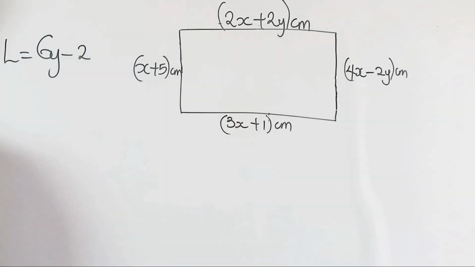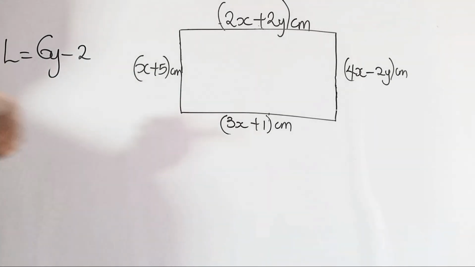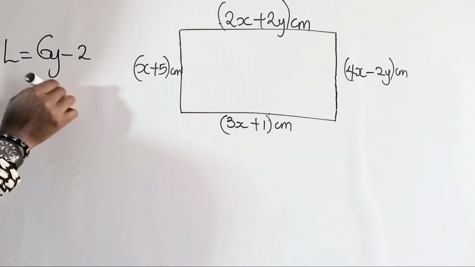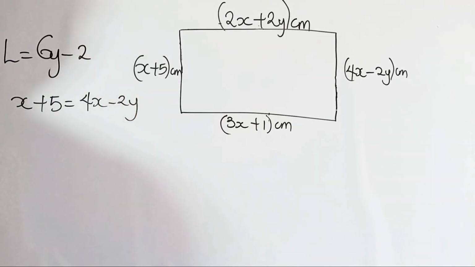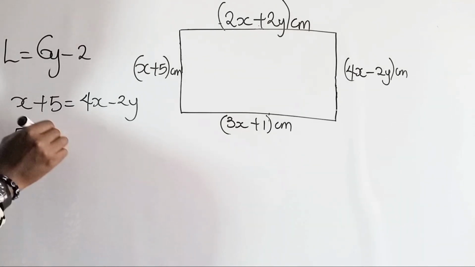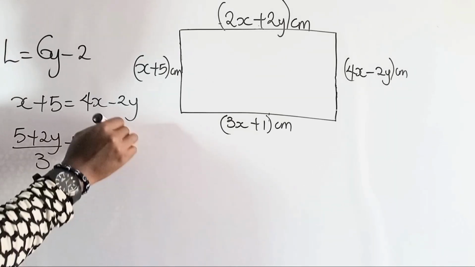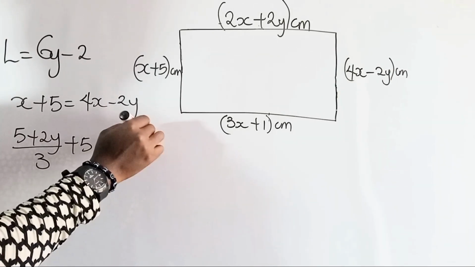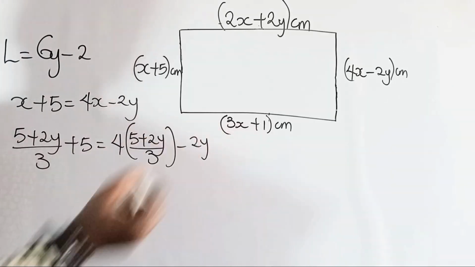Now we are going to substitute the value of x in this breadth measurement to get the actual breadth measurement. Remember the original equation was x plus 5 equals 4x minus 2y. Now let's substitute. The value of x is now (5 plus 2y) all over 3, plus 5, equals 4 into (5 plus 2y) all over 3, minus 2y.